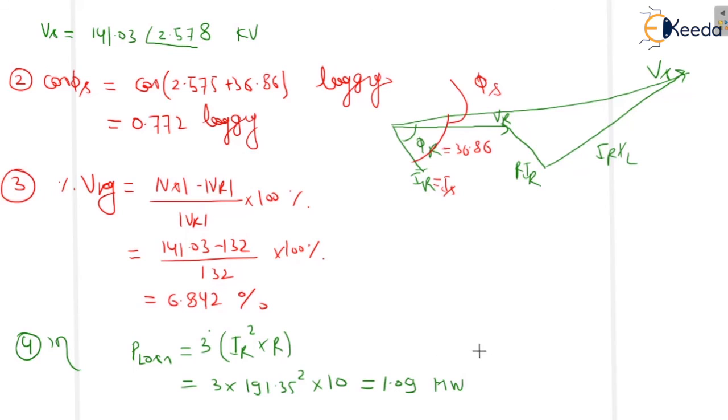So the percentage efficiency will be P output, 35, upon P output 35 plus loss 1.09, into 100%. So the percentage efficiency is 96.97%. So here it is all about this numerical. Thank you.